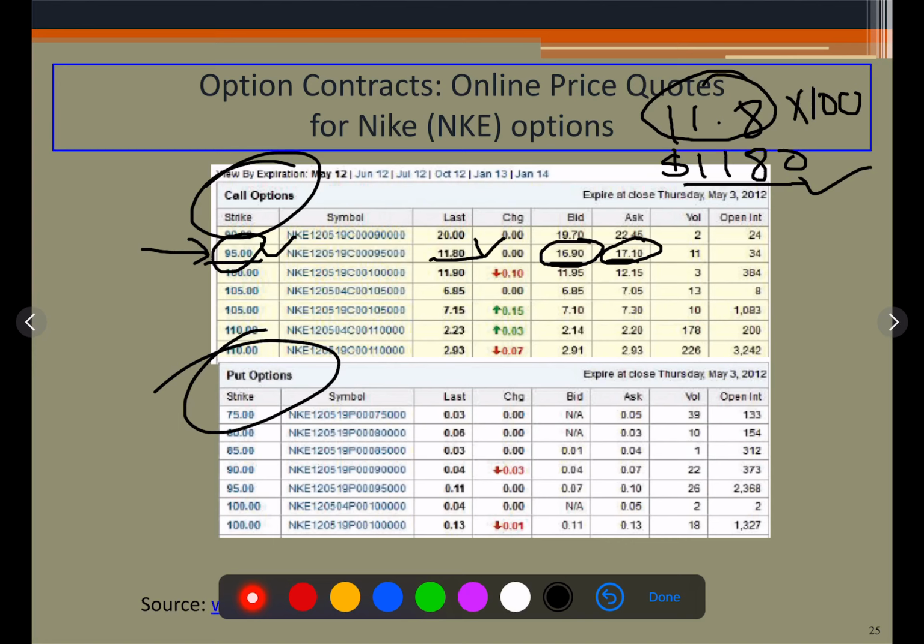So how much for 100 shares? Because each contract is covering 100 shares, he will be paying me $1,690.